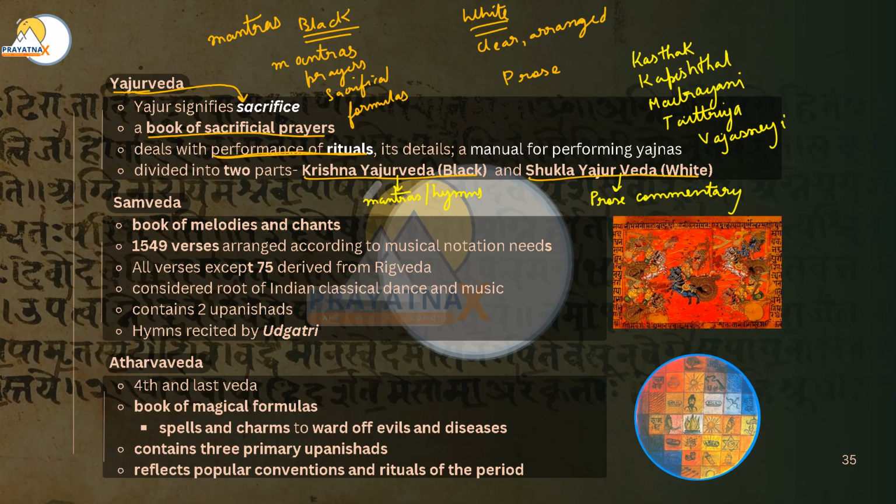Out of these, Taittiriya Yajurveda is one of the most important. Now, out of these, the first four are related to Krishna Yajurveda, whereas the last one is related to Shukla Yajurveda.